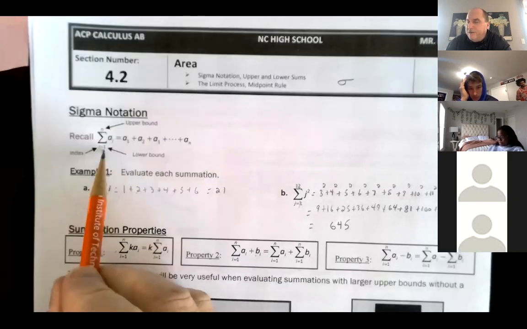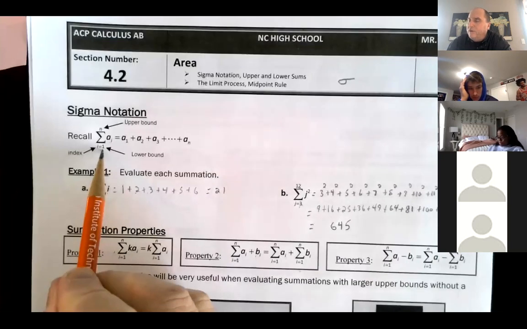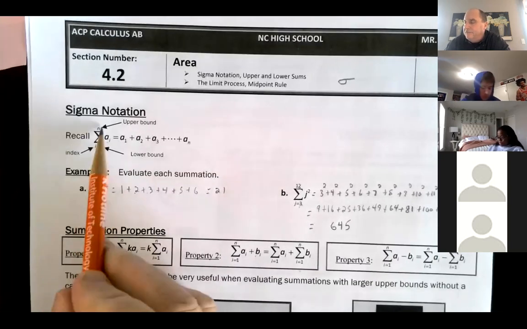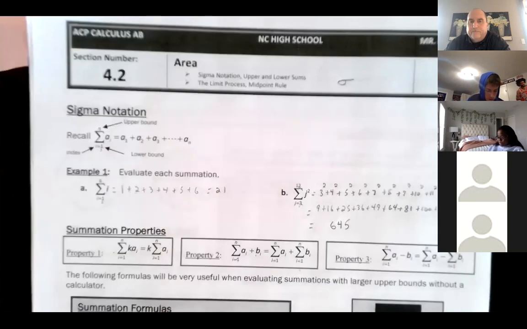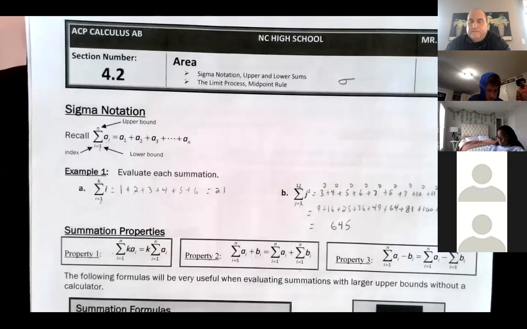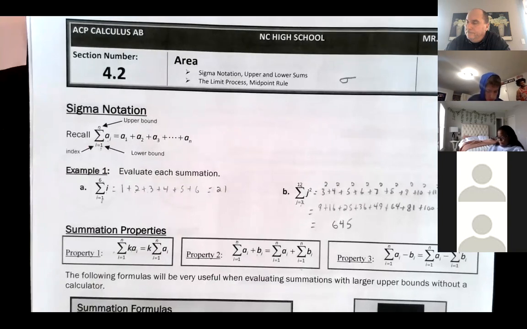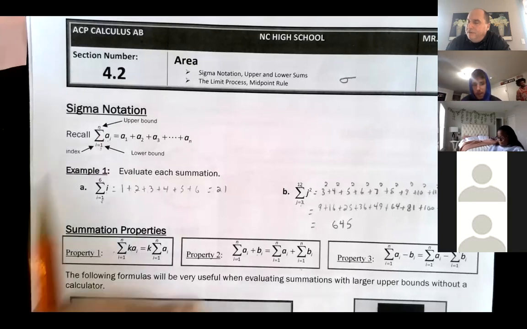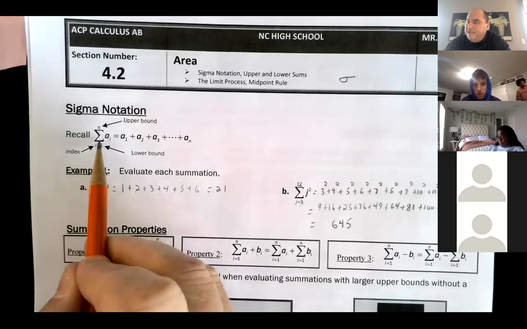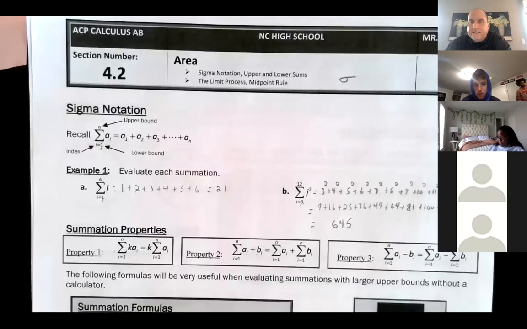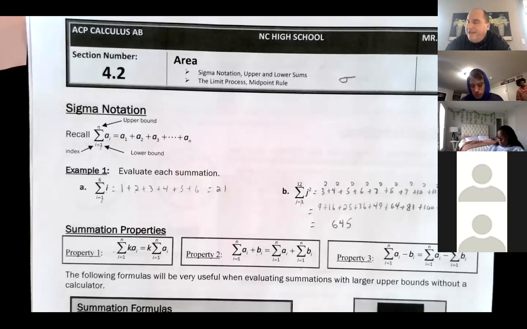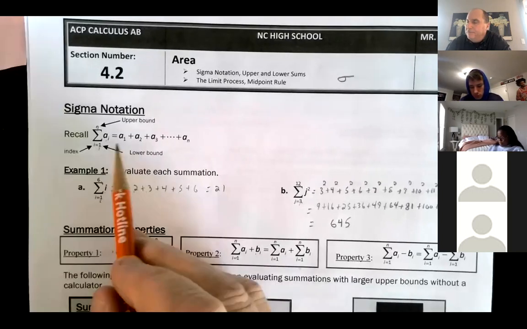Wherever we start is where we start. Wherever this number is where we end. And then this symbol, this is the capital Greek letter sigma. That's why we call it sigma notation. It tells us we have to add all these terms up. We sum them.